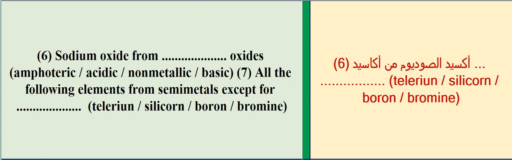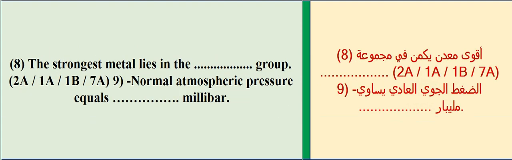All the following elements are semimetals except for tellurium / silicon / boron / bromine. 8. The strongest metal lies in the group 2A / 1A / 1B / 7A.